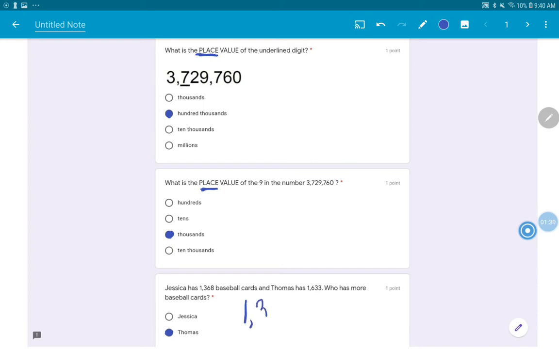Very good. So if we were comparing those, we would start with our largest place value. They each have 1,000. Jessica has 300. Thomas has 600. We know 300 is less than 600.